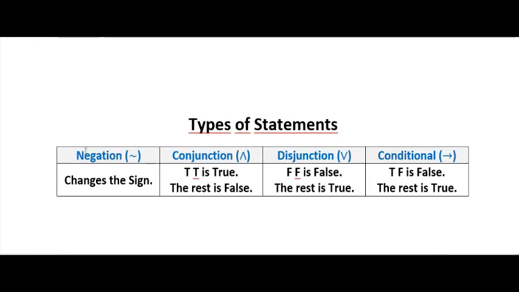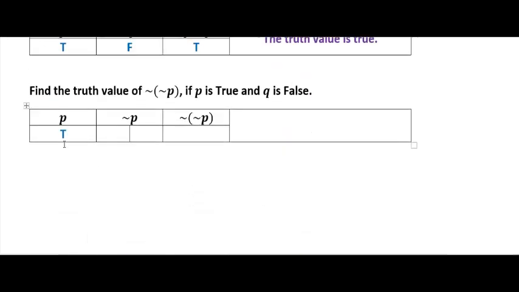And yes, we have a rule for negation that says that negation changes the sign. What does this mean? This means that if I have true for P, then the negation will change that true with a false. As simple as that.